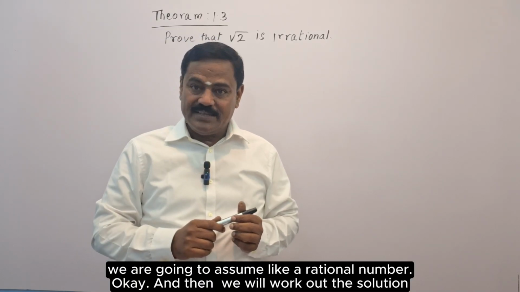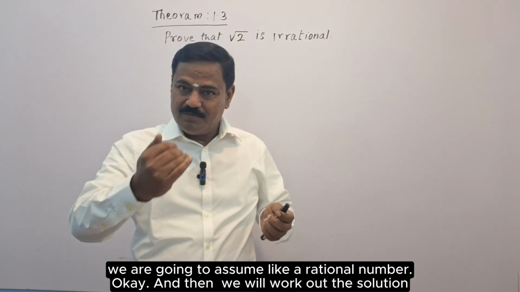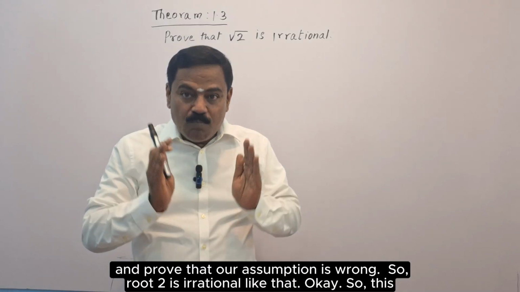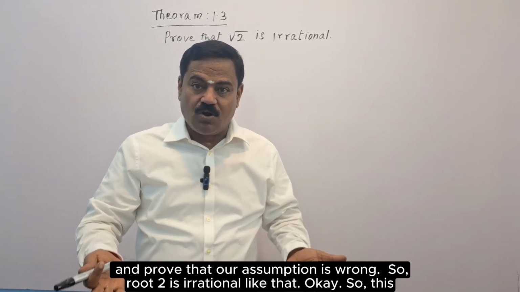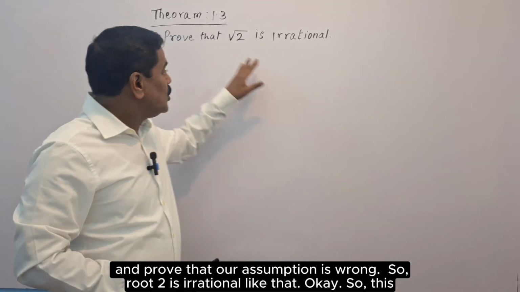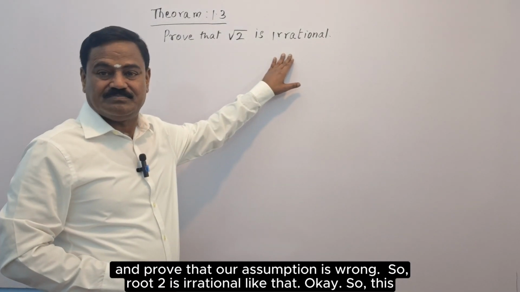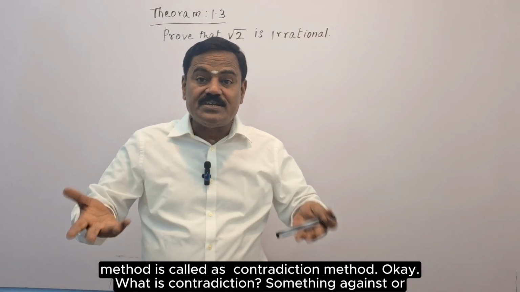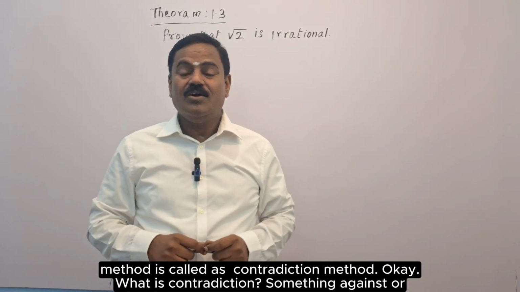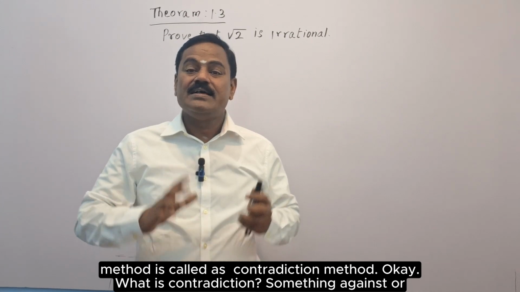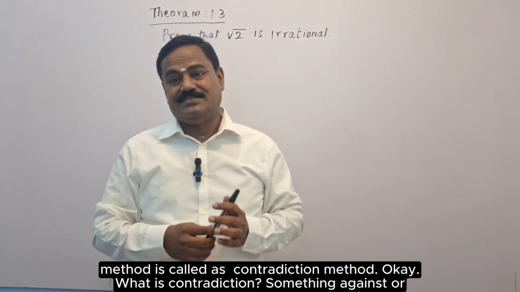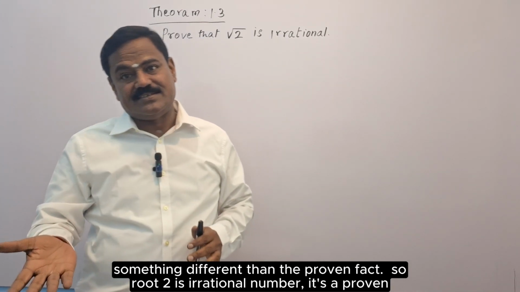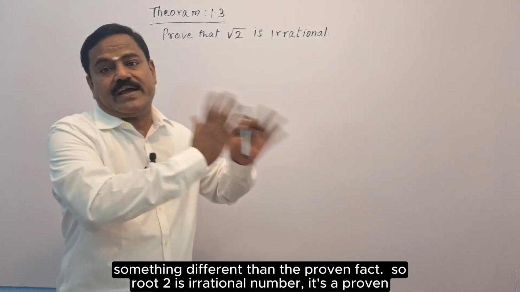Then we will work out the solution and prove that our assumption is wrong, so that root 2 is irrational. This method is called the contradiction method. What is contradiction? Something against or different from the proven fact.